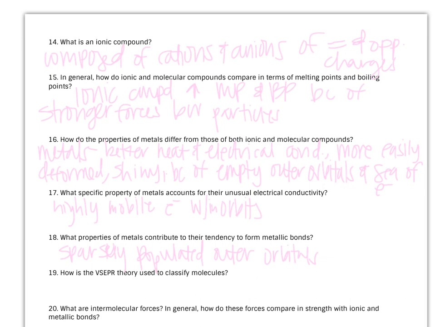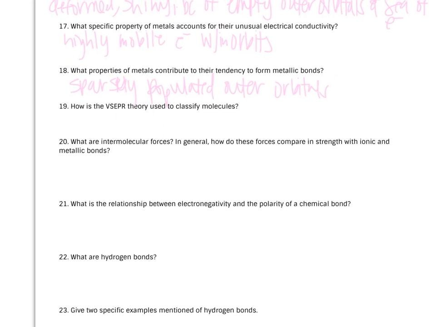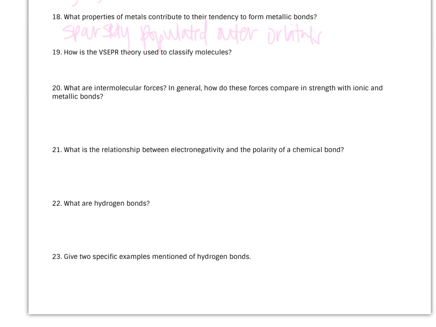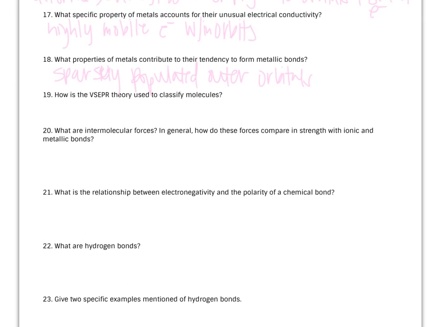And that's the answer to 18. So basically every property of metals comes back to the fact that their S and P orbitals are barely full or full of electrons at all.